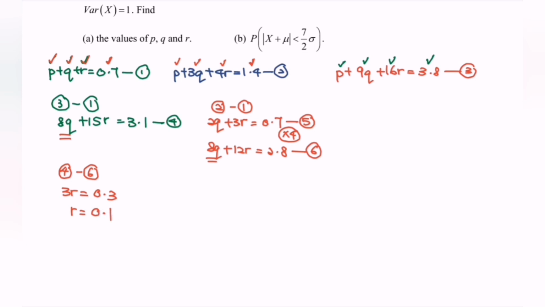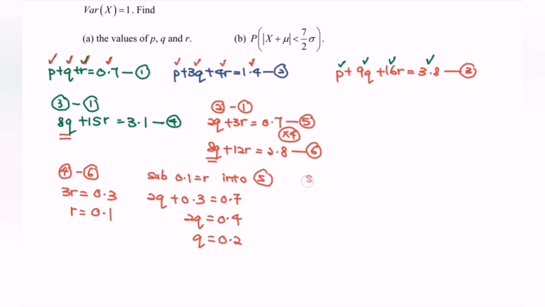Next is to substitute 0.1 for R into the fifth equation. So we will have 2Q plus 0.3 is equal to 0.7. Simplifying, 2Q is equal to 0.4, so Q is equal to 0.2.